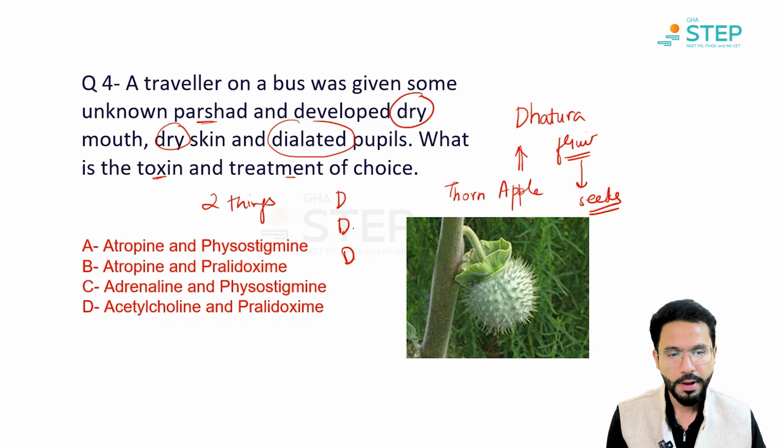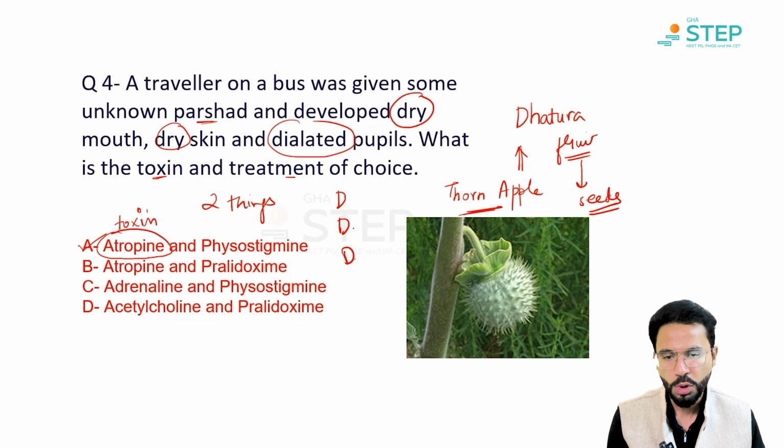But remember, whenever this image is shown to you and not the seeds, this is known as a thorn apple, which has the toxin. Now look at the options: atropine and physostigmine, atropine and pralidoxime, adrenaline and physostigmine, and acetylcholine and pralidoxime. So remember that atropine is the correct option here, which is the toxin.